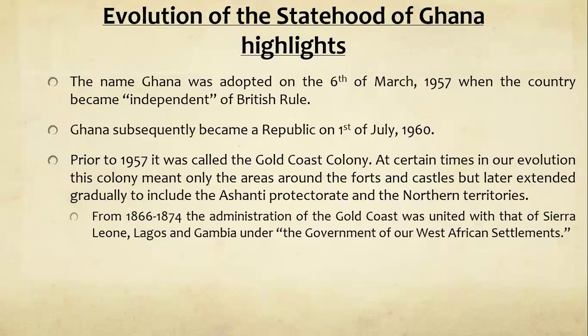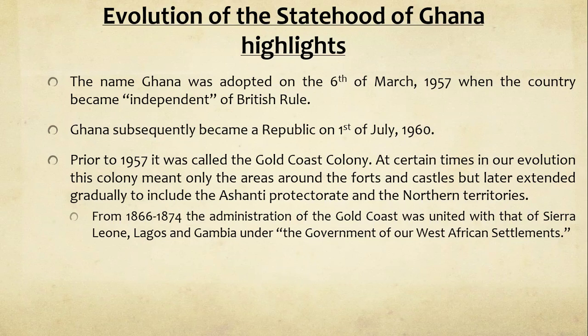It was later on that they decided to put them to some other uses in terms of having a political sphere of influence, and hence the inauguration of the colonial era, as we noticed. And again, for a long time, what we call the Gold Coast Colony never included the Ashanti Protectorate and then the Northern Territories.